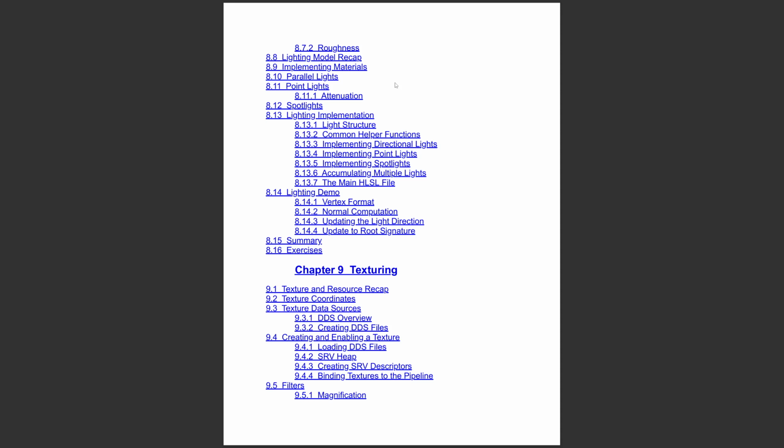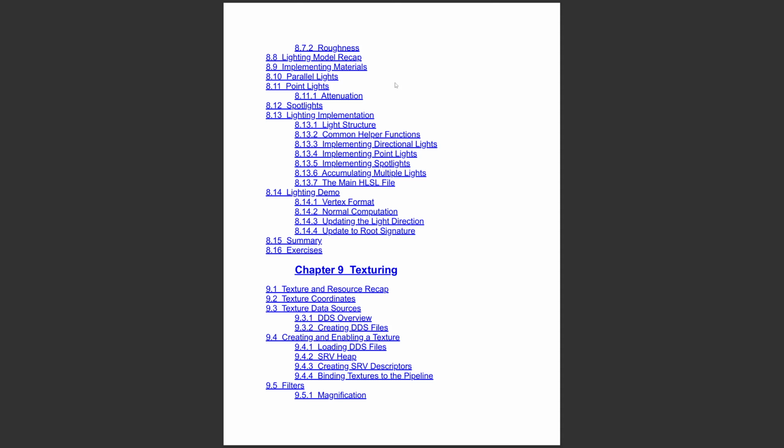So we'll be talking about texture and resource recap. So I believe we're going to end up using textures before we get to this chapter. And we have been using resources before this chapter, but we're going to recap them. And we'll be talking about texture coordinates and various texture data sources with DDS overview, which I'm not quite sure what that is, creating DDS files.